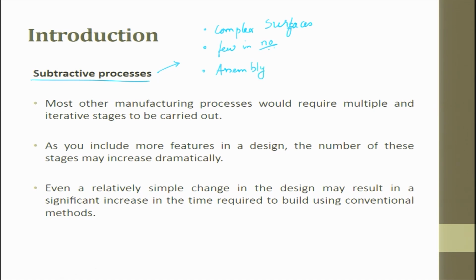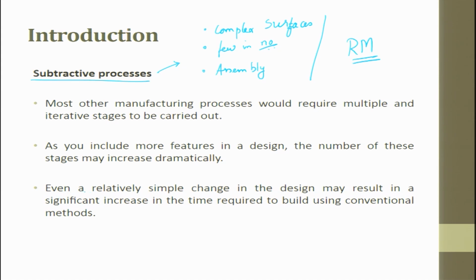These are the places where we were going. Today, all these advantages are being taken over by rapid manufacturing. Okay. So, most other manufacturing processes would require multiple and iterative stages to be carried out in subtractive. As you include more features in a design, the number of these stages may increase drastically.